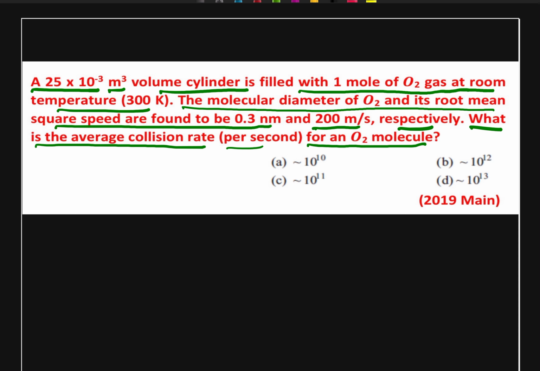Okay. And we know our collision rate, that is our standard formula.